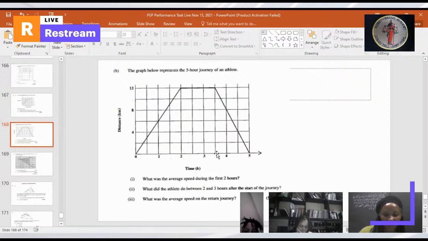It's from 3.5 to 5. How many hours is that? It's 1.5 hours. And the distance is the same 12 kilometers because he's going back to where he started. So the speed is 12 divided by 1.5, and that gives what?